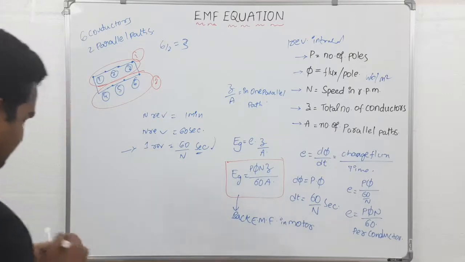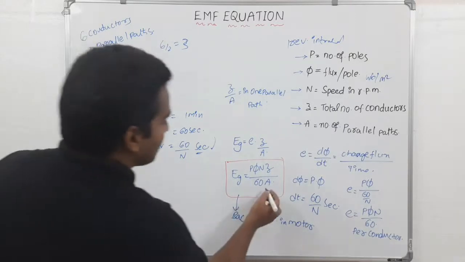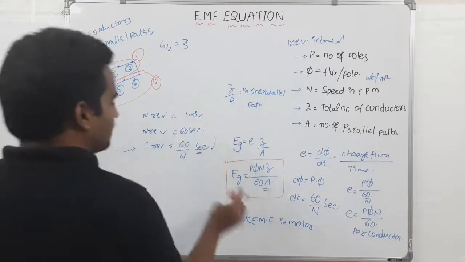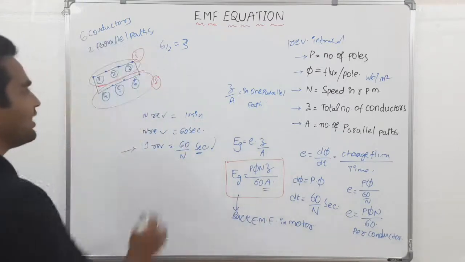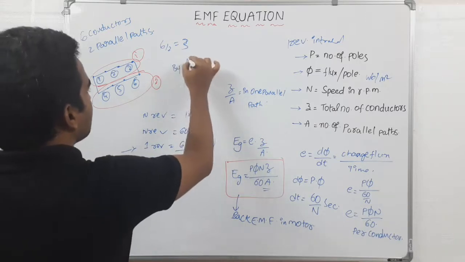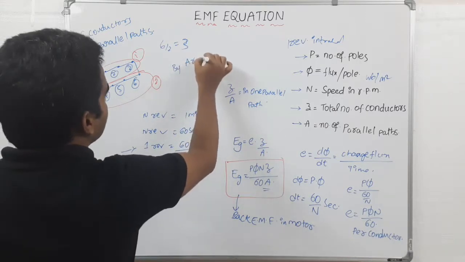Now, what is the number of parallel paths? How can we decide that? The number of parallel paths can be decided by the type of armature winding.